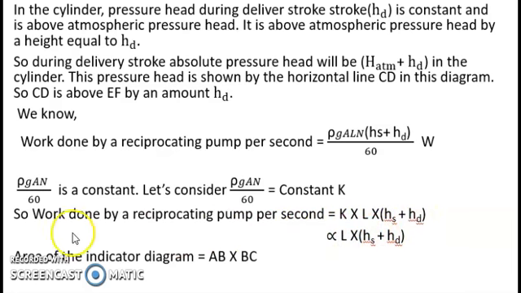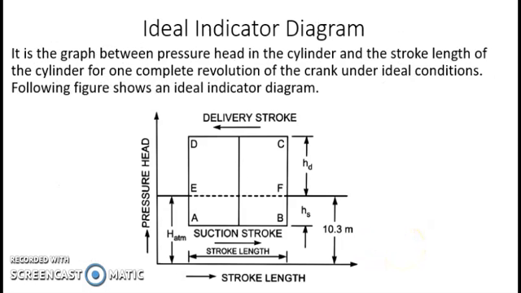So we can say that the work done by a reciprocating pump per second is directly proportional to L into (HS plus HD). Now let's observe the ideal indicator diagram.